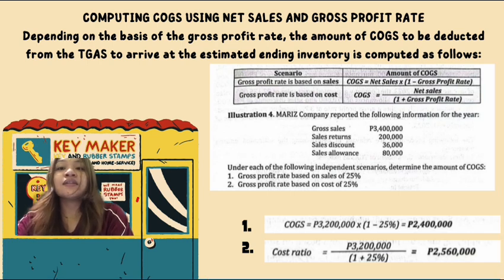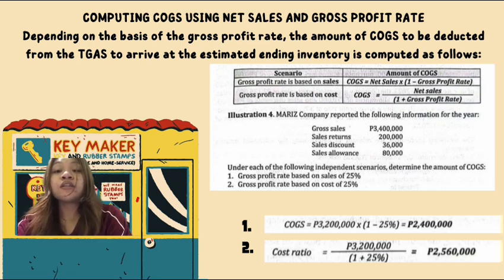Again, sales discount and sales allowances are not deducted from the gross sales for gross profit method purposes. Now we can apply the gross profit rate in the formula. 3,200,000 times 1 minus 25% is equal to 2,400,000. So, scenario 2, gross profit rate is 25% based on cost.